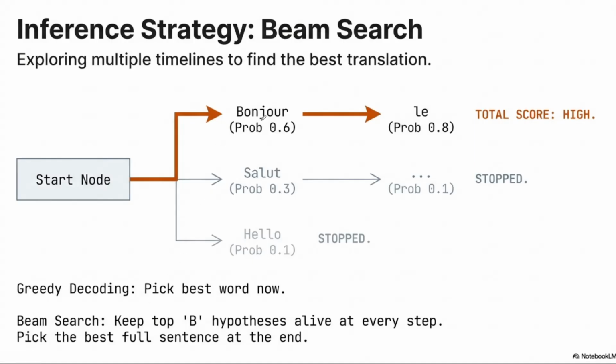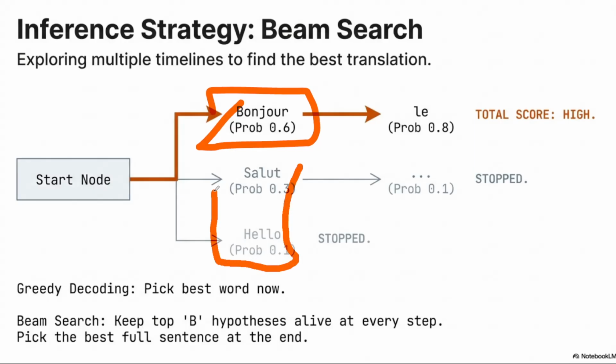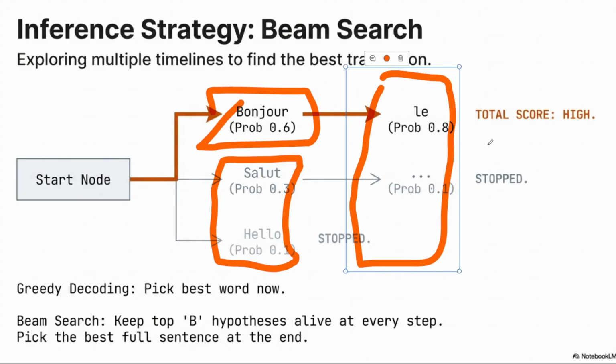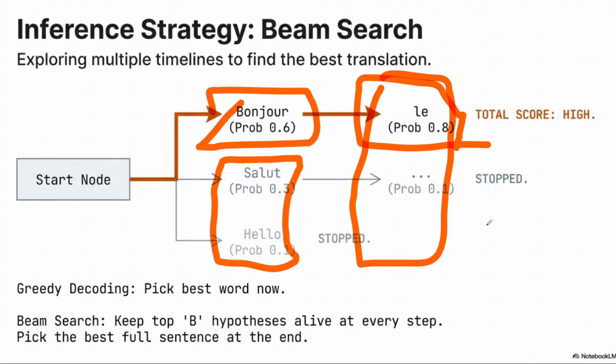We take the first one with the highest probability, but we keep the other probabilities alive in memory. We do the same for the next step: pick the first one, but also keep the other 2. Then we calculate the probabilities of all of the sequences and get the phrase with the highest probability.